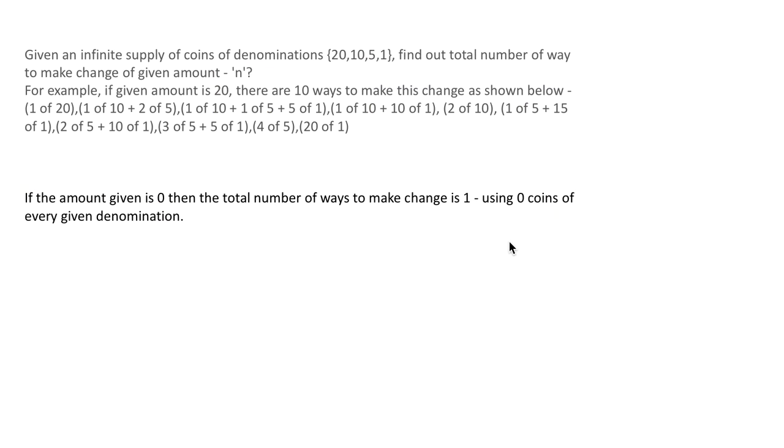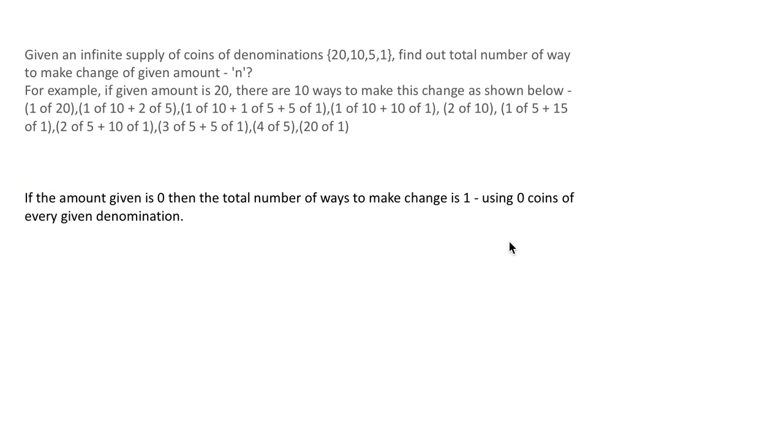I can include 1 coin of 10, 1 coin of 5 and 5 coins of 1. I can include 1 coin of 10 and 10 coins of 1. I can include 1 coin of 5 and 15 coins of 1. I can include 2 coins of 5 and 10 coins of 1. And there are so many combinations. All of them are mentioned over here.